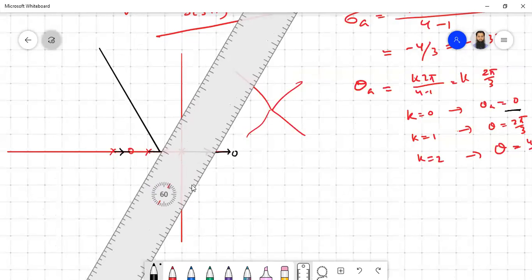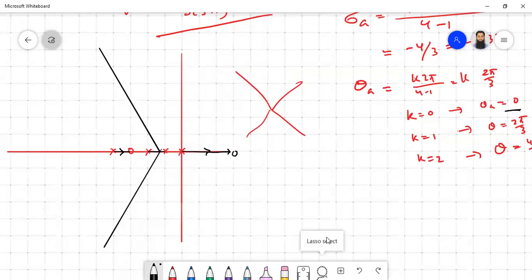We are not going into detail, which is why we are not figuring out the breakaway point. But we know we'll have something like this.